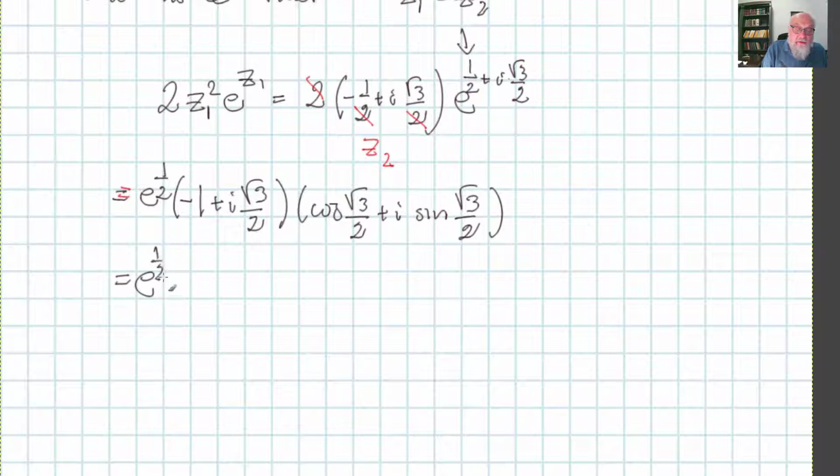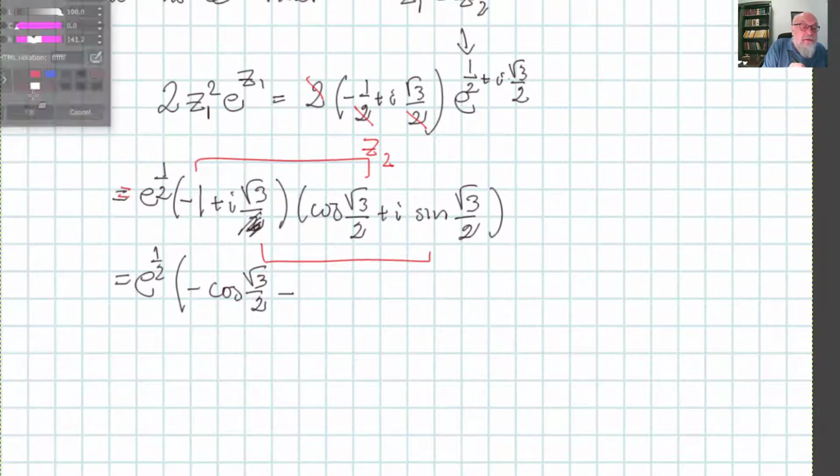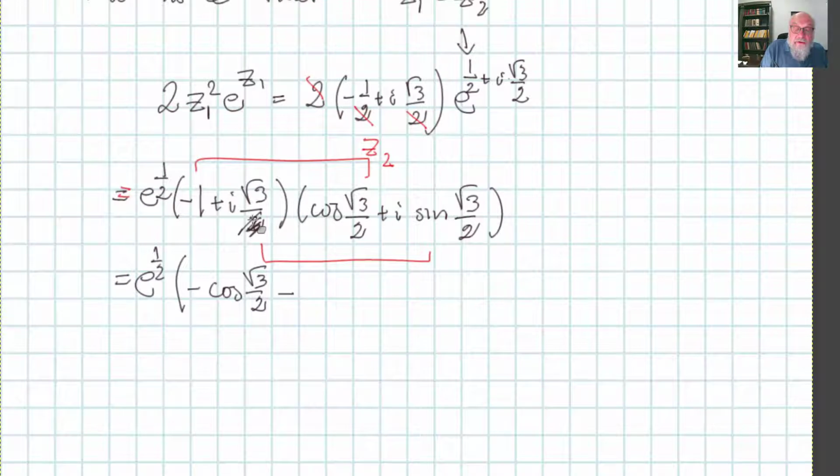We are getting e to the 1/2, and now let's multiply. So this is minus cosine square root of 3 by 2. That's this 2, and this 2 give me minus, and this will be this. There is nothing. I should use the eraser. You see, I'm trying to erase it.